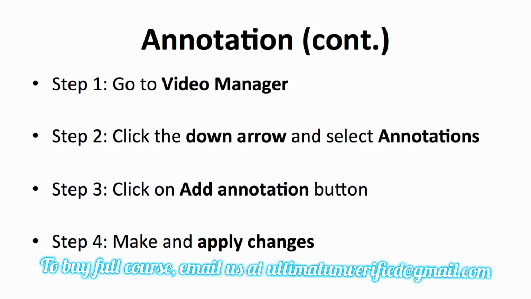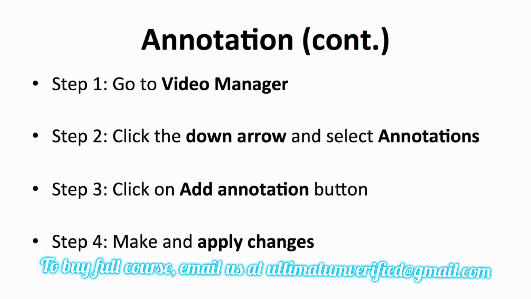To add annotations on your video, you will first need to go to the Video Manager. Click on the down arrow and select Annotations. This is the place where you can manage all the annotations for your videos. Moving on, when you are on the annotation page, you will see a page with all your videos. Beside each video, there is an Add Annotation button.